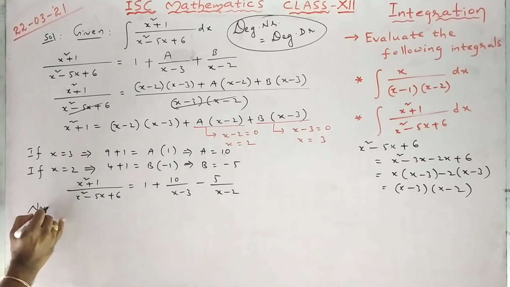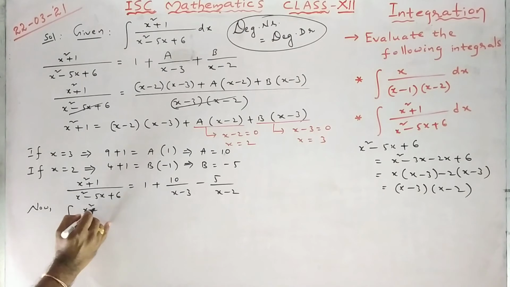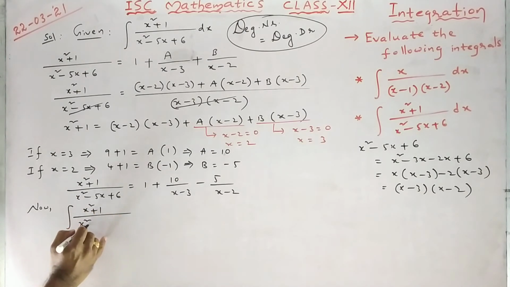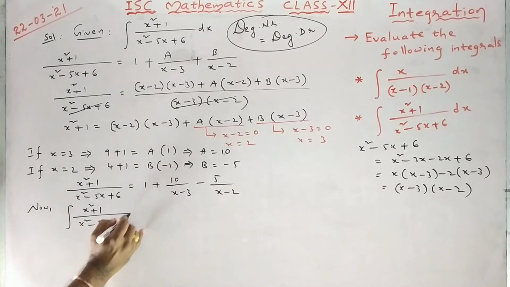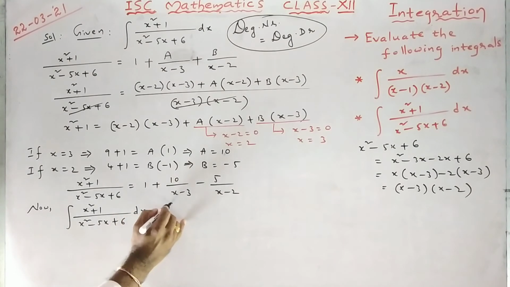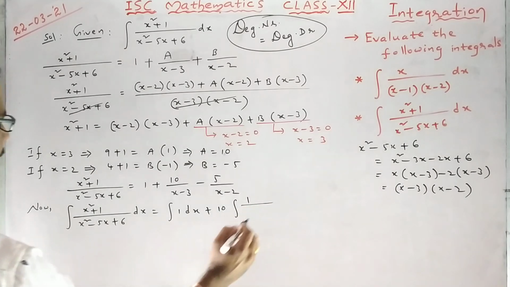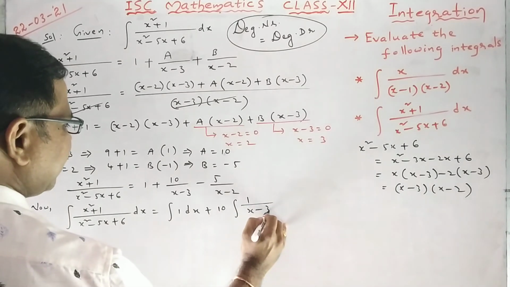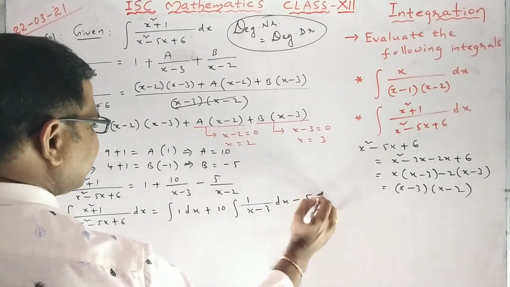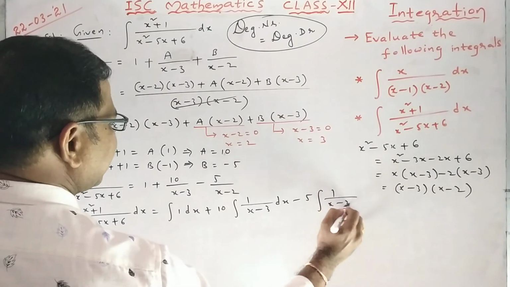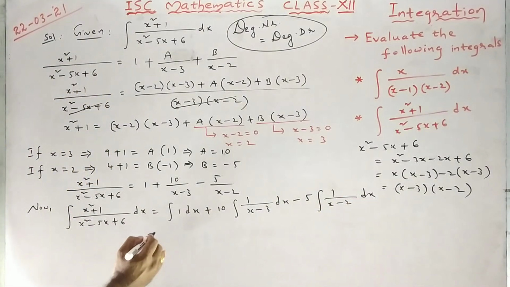Now I am taking integration. Integral (x square plus 1) by (x square minus 5x plus 6) dx equal to integral 1 dx plus 10 times integral 1 by (x minus 3) dx minus 5 times integral 1 by (x minus 2) dx.